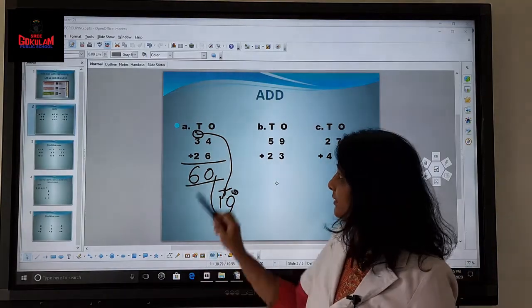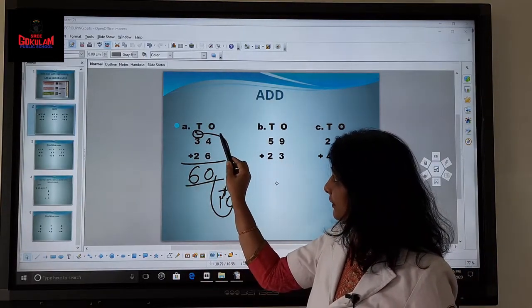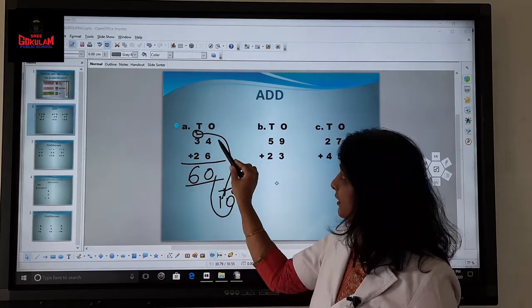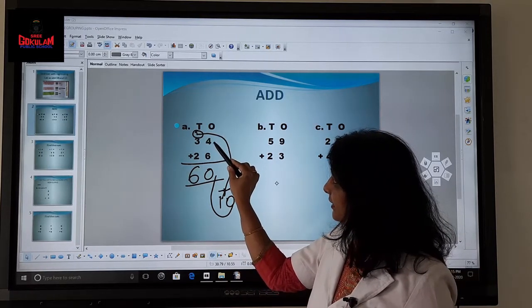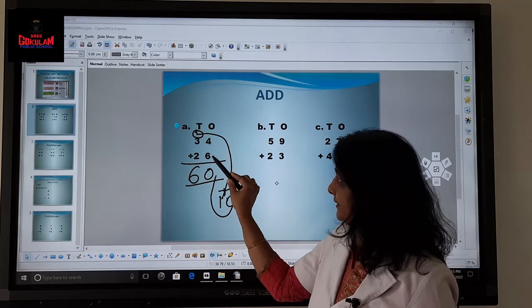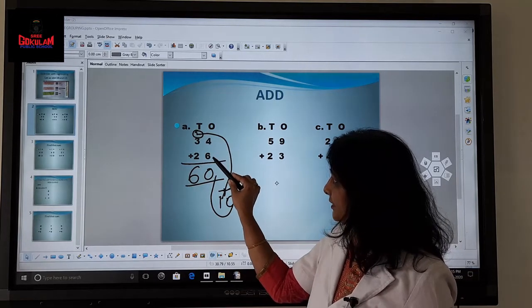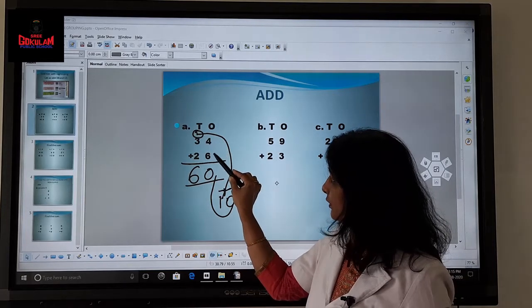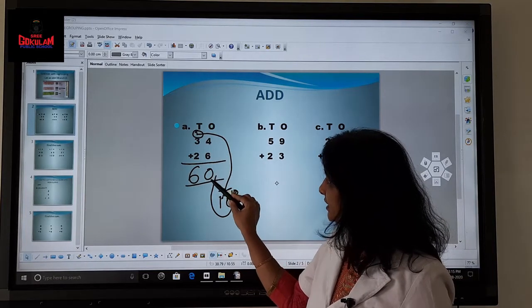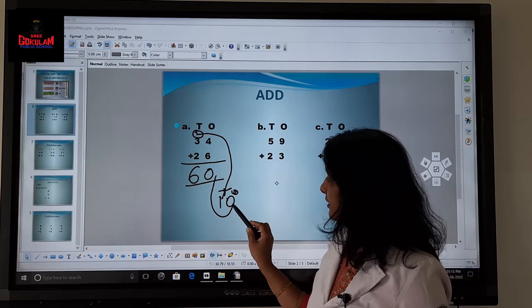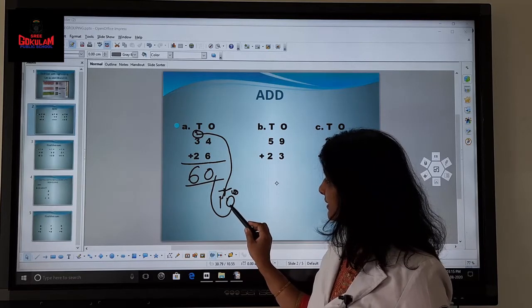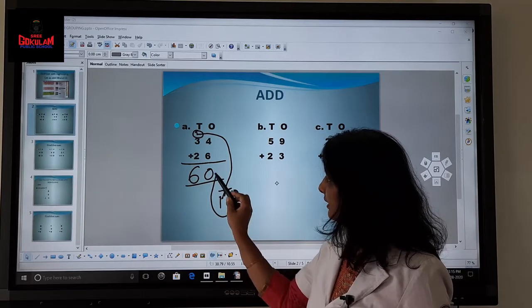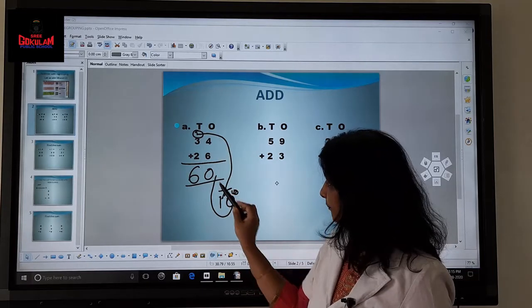I repeat, always start from the ones place. The numbers in the ones place are 4 and 6. 4 plus 6, or 6 plus 4? 6 plus 4 or 4 plus 6 is 10. And the ones place number, which is 0, that we will write in the ones place.